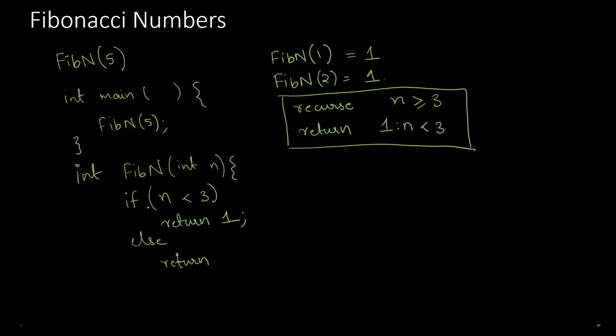Only if this if is not executed, only then we go down. So there's no need for else technically, so we can erase this else. We can directly write, if not this, we return the last two numbers, fib n of n minus 1 plus fib n of n minus 2. I'll show you the working, guys. Don't worry if you don't understand the code as of now. I'll show you how this exactly works in the next slide.